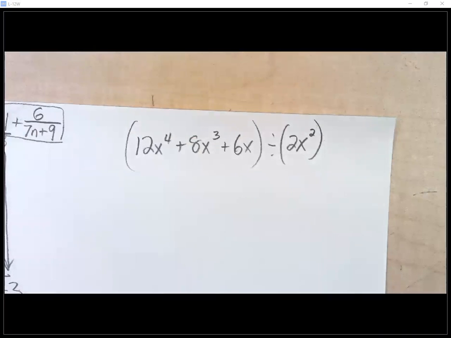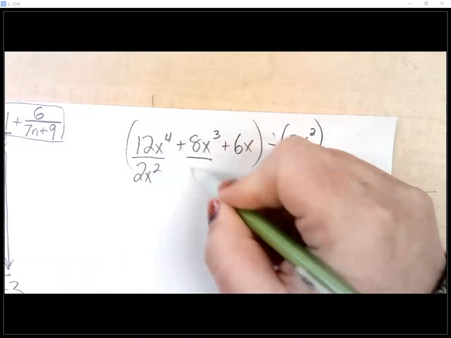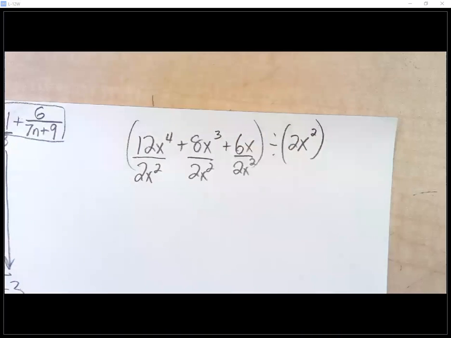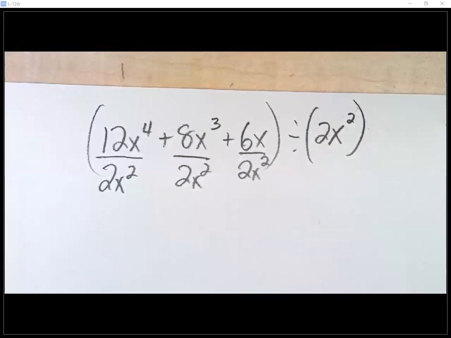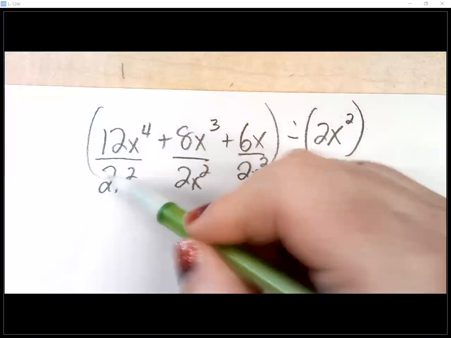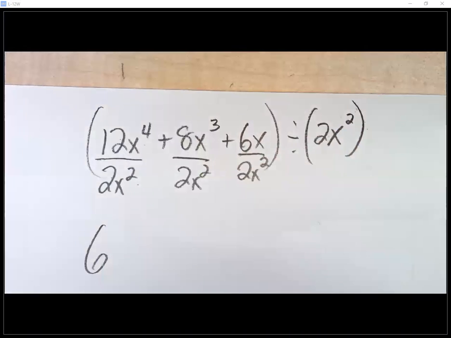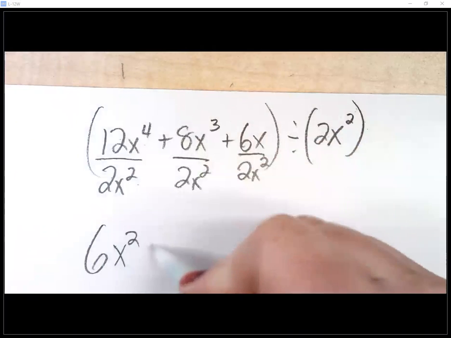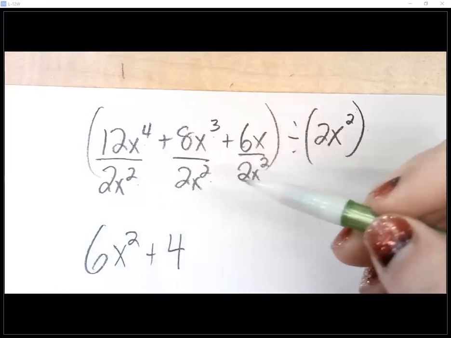I'm just going to divide each term by 2x squared. You're basically just simplifying each fraction. This first one, let's zoom in a little bit. 12 over 2 is just 6. What would I get with x to the 4th over x squared? x squared. 8 over 2 is 4, and x to the 3rd over x squared leaves me with x.